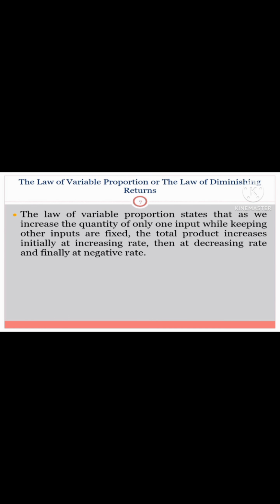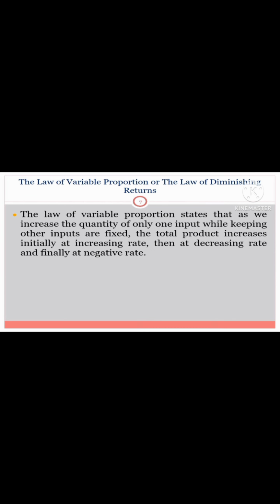Now, moving to our next topic, that is the law of variable proportion or the law of diminishing returns. This law is also known as short-run production function. It is the relationship between the physical inputs and outputs where at least one factor is constant. Suppose, for example, you are taking two factors, that is land and labor.